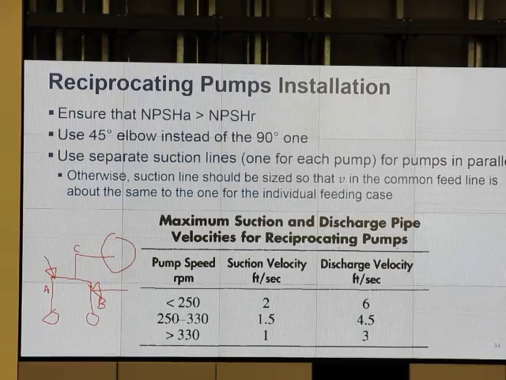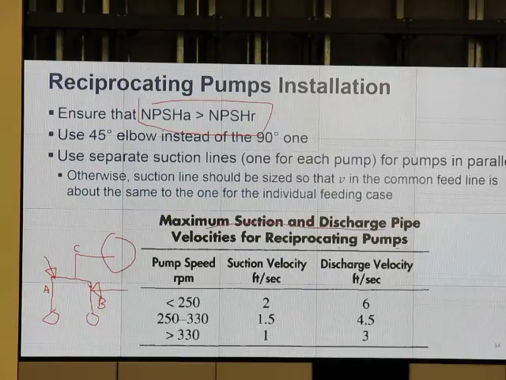What depends on the length of the suction line is NPSHA, the available. If you have a longer length, when the fluid comes, it has to overcome the friction in the line. There will be more friction. So NPSHR stays the same, NPSHA goes down. If the suction line is very long, we cannot maintain this condition. Make sense?